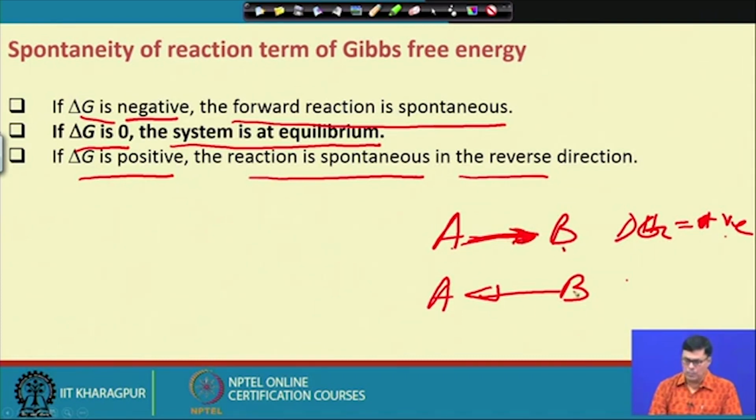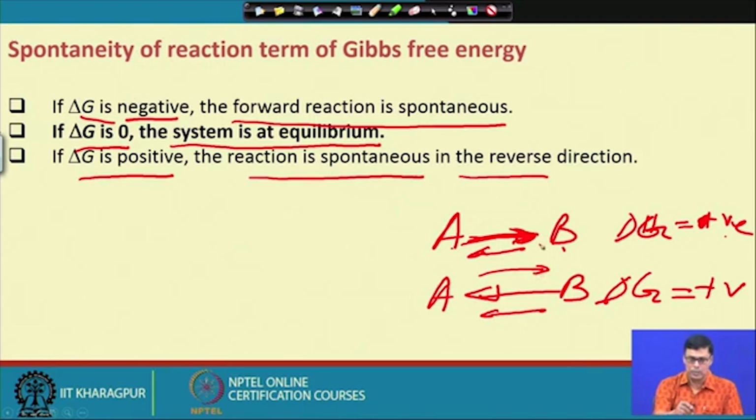But if del G is positive, then the reverse direction will be spontaneous, but this direction is not. At the equilibrium condition, del G should be equal to 0.